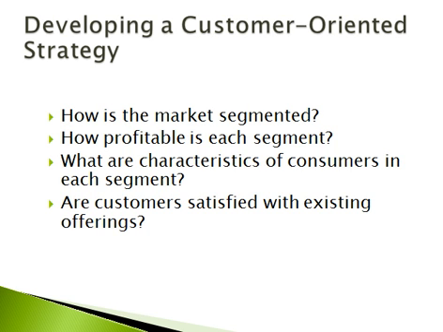Once they have this information, it can be very instrumental in informing how we need to segment the market, how profitable each segment is, what the characteristics of consumers in each segment are, and whether customers are satisfied with existing offerings.